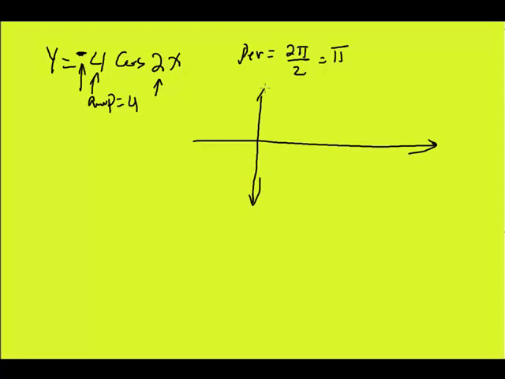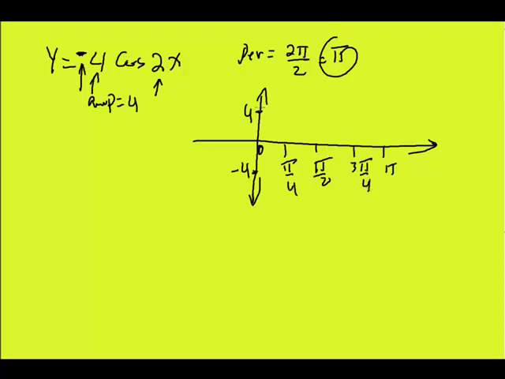Okay, so here we go. So I'm going to get 4 and negative 4, instead of 1 and negative 1. And then my period is, we said it's pi, so I'm going to call that 0, call that pi. Start cutting everything in halves, so pi over 2, and this would be pi over 4, and this would be 3 pi over 4.